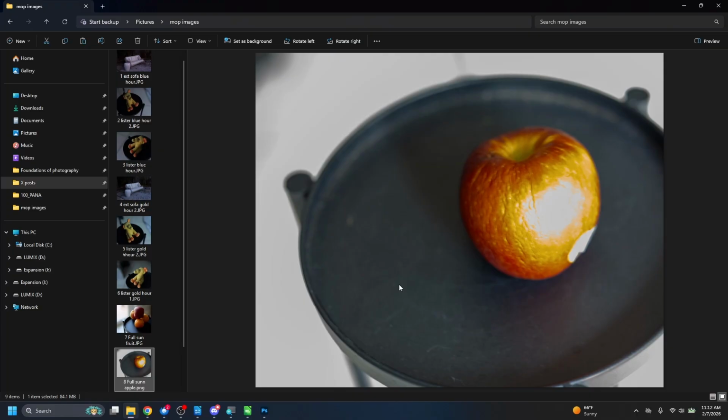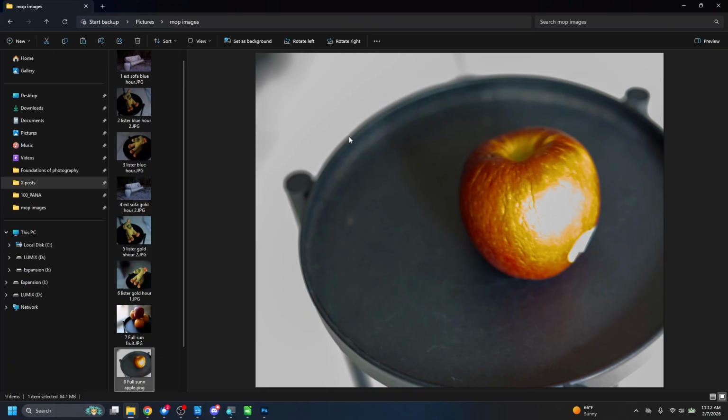Now, in theory, there's not a whole lot I can do about the light blowout on the apple in post-production. Had I done an exposure correction in camera, then this could have drastically changed.